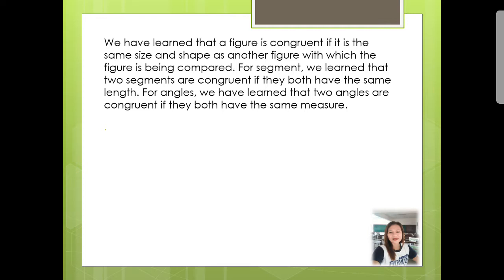For angles, we have learned that two angles are congruent if they both have the same measure. So there is a question here. What is the basis used to determine congruence in triangles?